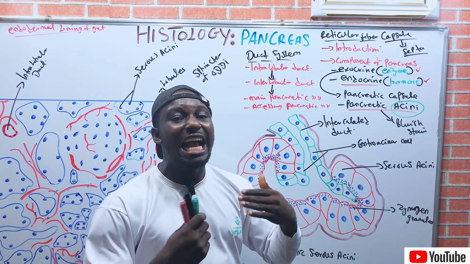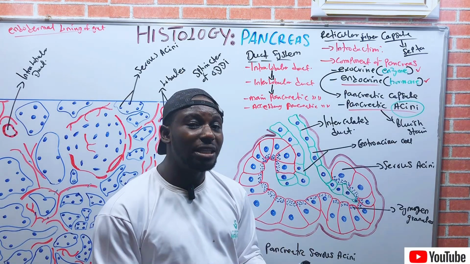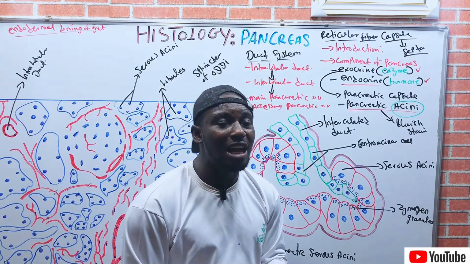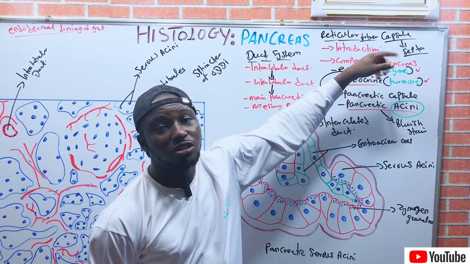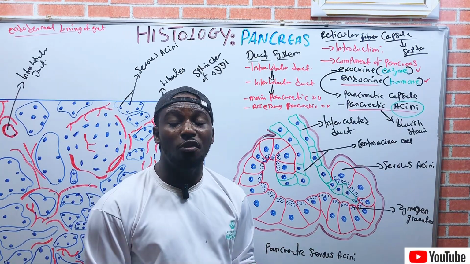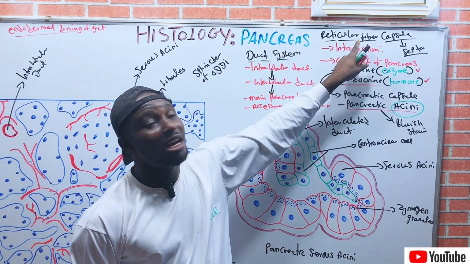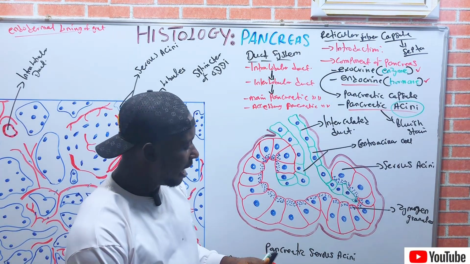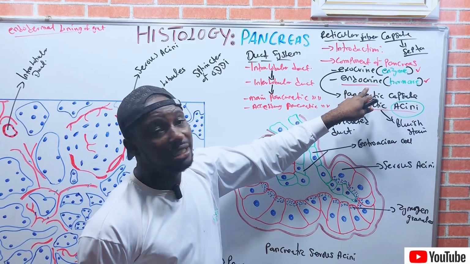Each islet is separated from the alveoli by a dense layer of reticular fibers. As I said previously, the pancreatic islets are surrounded by a network of reticular fibers, which separate them from the alveoli of the pancreas.